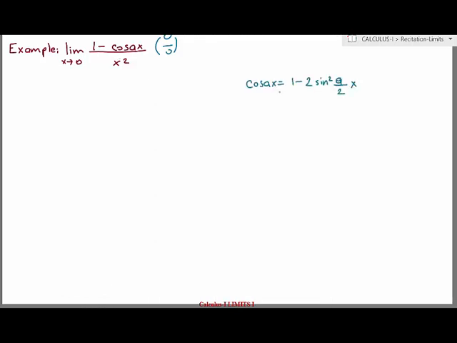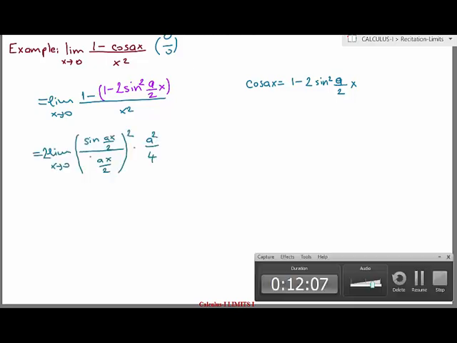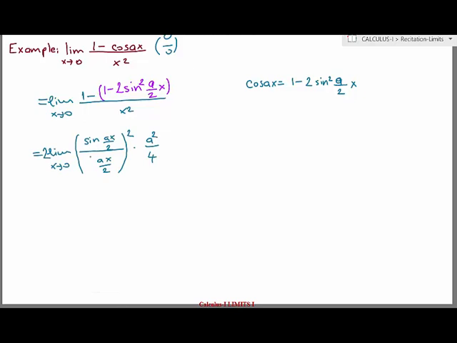I write 1 minus 2 sine square ax over 2 instead of cosine ax in the expression. Then, if we simplify the expression, we have, I also multiply and divide this form by a square over 4. I divide by a square over 4, and then I multiply by a square over 4.